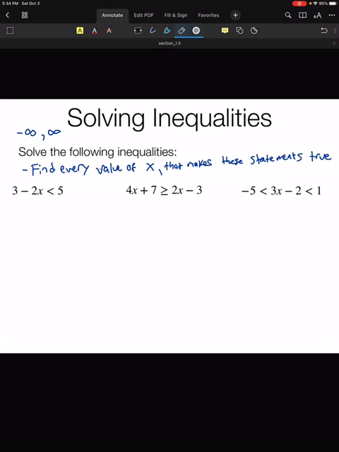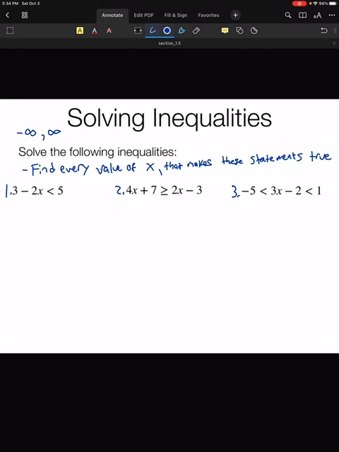So when I have just one inequality here, either less than or greater than, not in between some things, I want to get x alone. We'll call this number 1, this number 2, and this number 3.